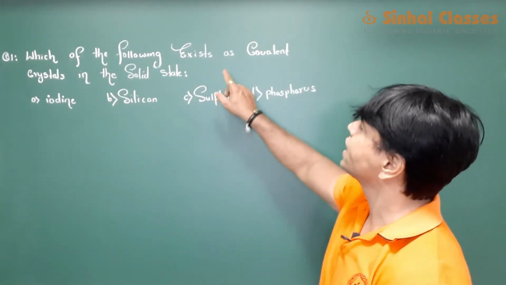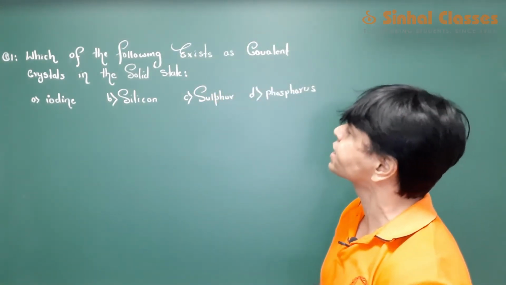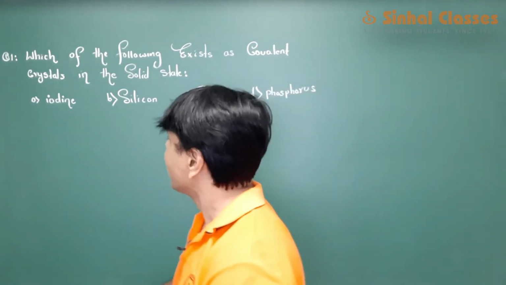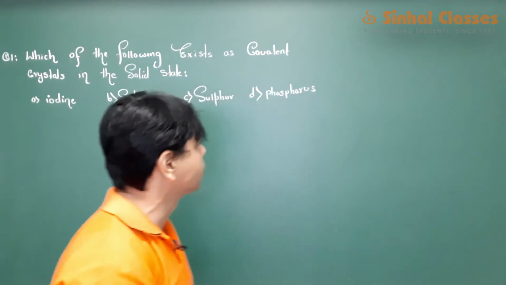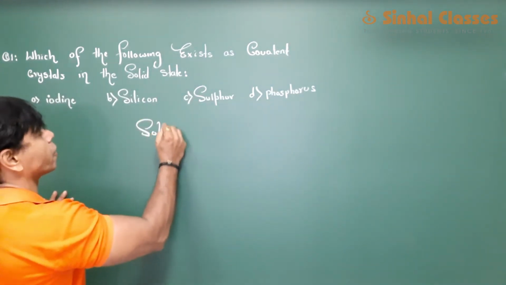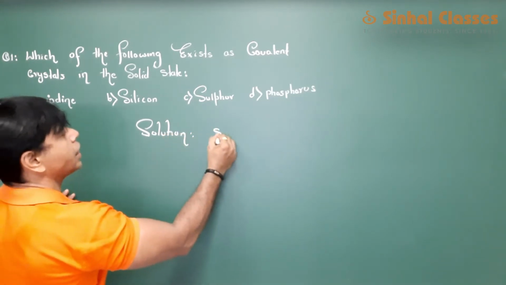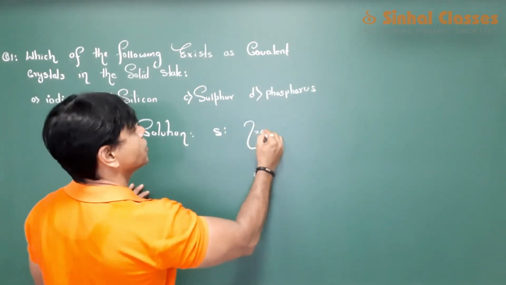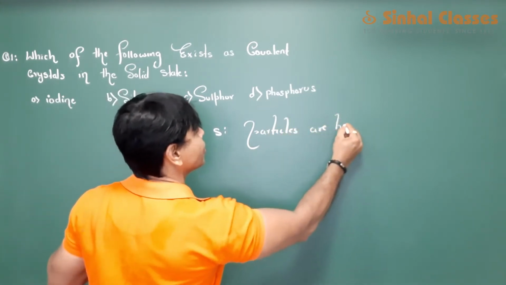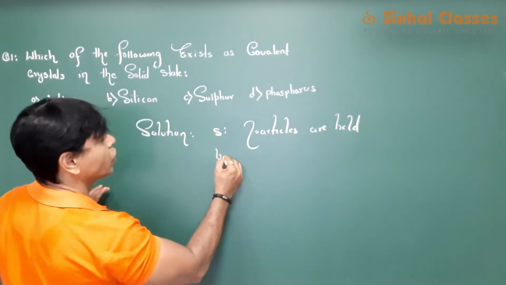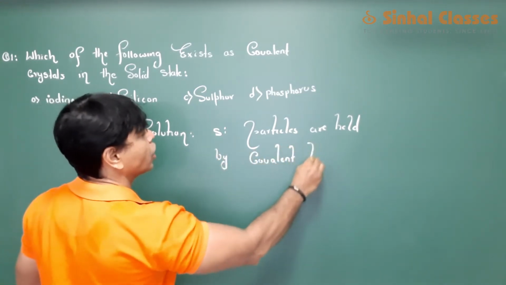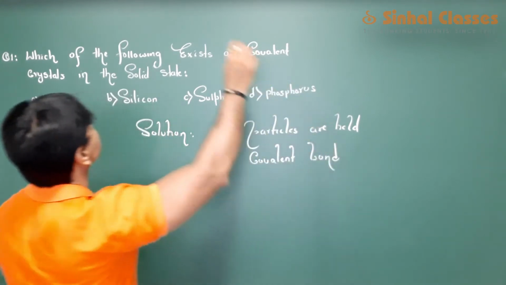Which of the following exists as covalent crystal in its solid state? Now if you see all these four options, we understand silicon particles are held by covalent bond.